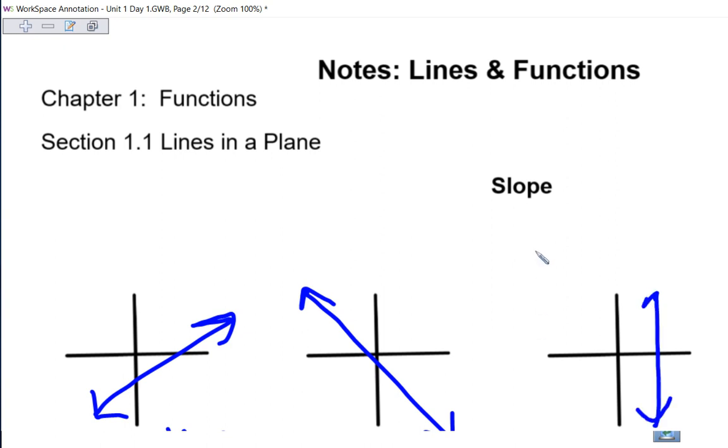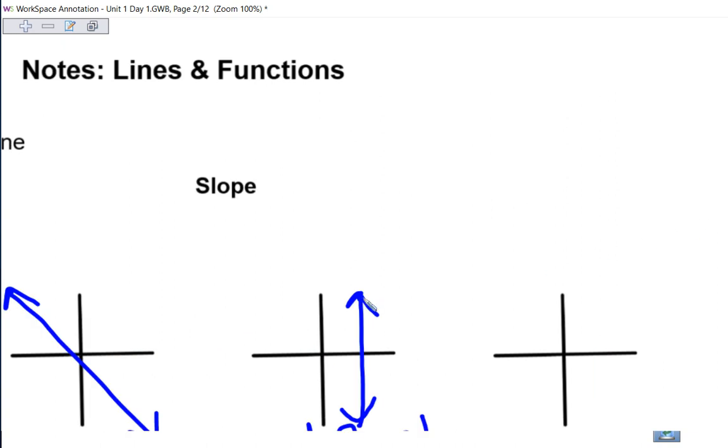What is this one called? Undefined. And then the final one would be a horizontal line. And what's the slope of all horizontal lines? 0.